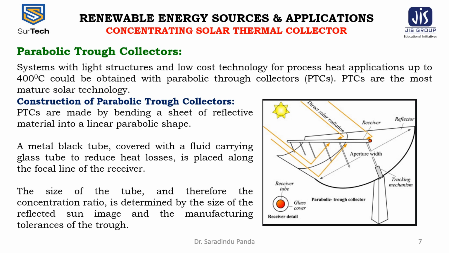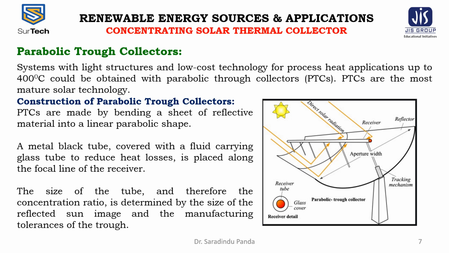The systems with the light structures and the low-cost technology for process heat applications up to the 400 degrees centigrade could be obtained with parabolic trough collectors. The parabolic trough collectors are the most mature solar technology now. The biggest application of this type of system is the Southern California power plants known as the Solar Electric Generating Systems (SEGS), which have a total installed capacity of 354 megawatt.